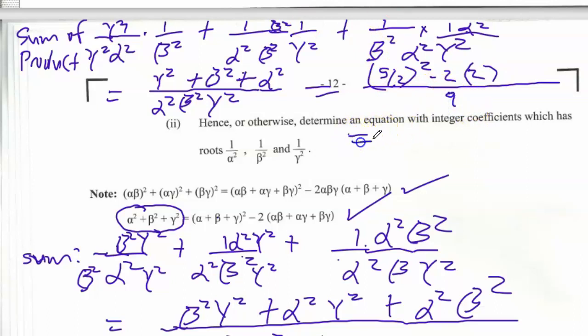Alright. So we end up with 5 over 2 squared. That's 25 over 4 minus 4, over 9. Alright. And 25 over 4 minus 4.